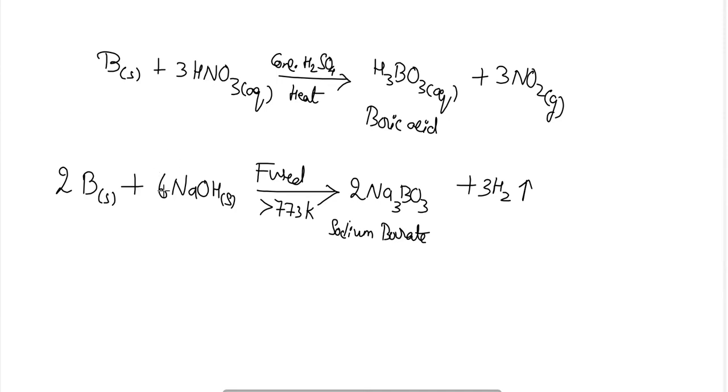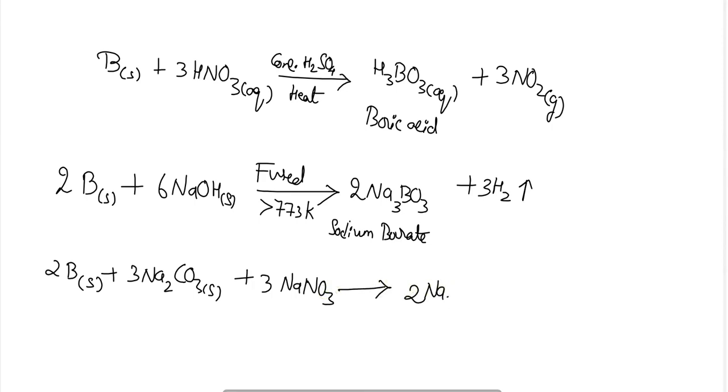Boron will also dissolve in fused sodium carbonate. In a mixture of fused sodium carbonate and sodium nitrate, boron can be dissolved to form sodium borate, and sodium nitrate will be recovered back with carbon dioxide gas.